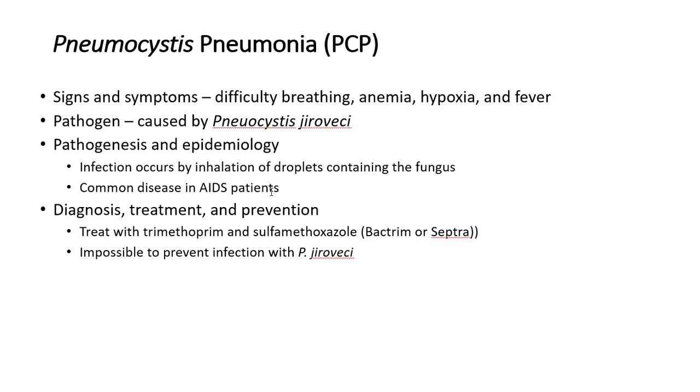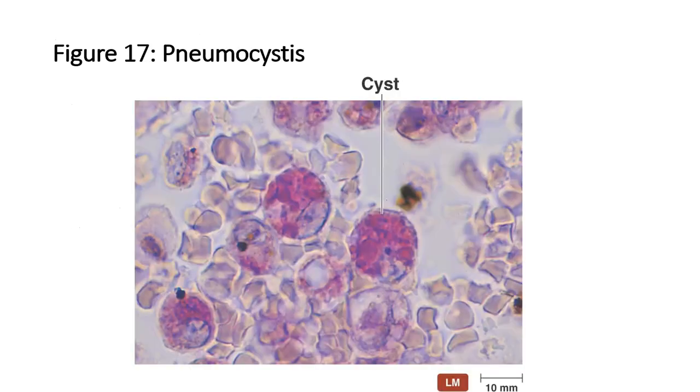It's almost diagnostic for somebody with HIV. The treatment is with several drugs. It's impossible to prevent the infection with Pneumocystis because you are already immunocompromised if you have HIV, and it is not unusual for these individuals to get it. Okay. All right, and that's what it looks like.